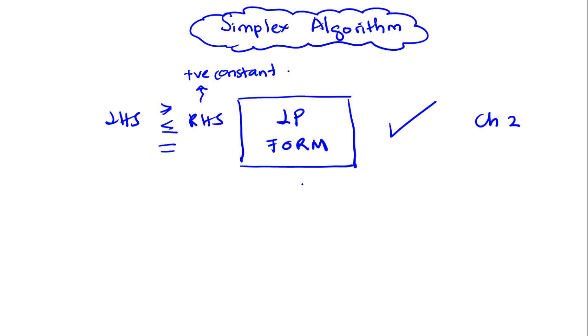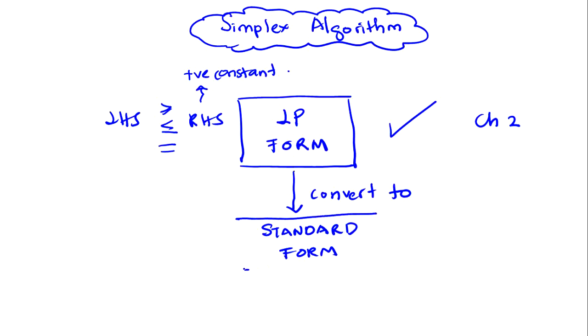Okay, so we have learned this in chapter 2, right? Second step, we need to convert this LP form to standard form. For standard form, the left hand side must be equal to the right hand side.